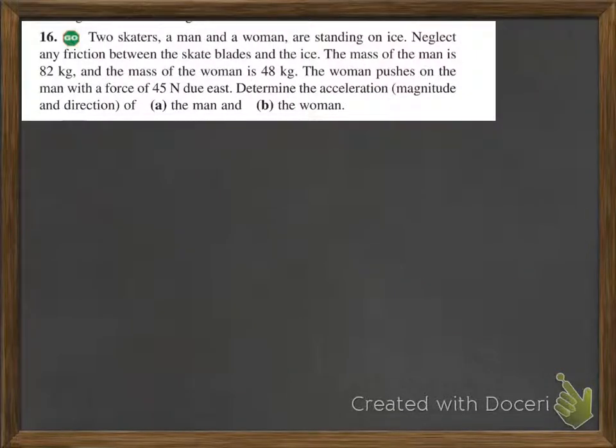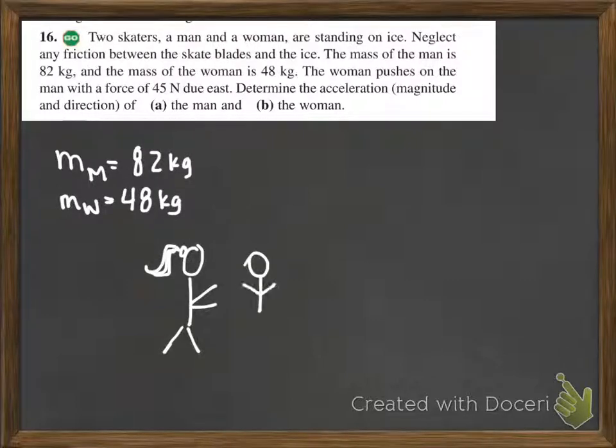Okay, now we have two skaters, a man and a woman, standing on ice. Neglect any friction. The mass of the man is 82 kilograms and the mass of the woman is 48 kilograms. The woman pushes on the man with a force of 45 newtons due east. Determine the acceleration of the man and the woman. They give us the mass of the man and the mass of the woman. And we know that the woman is pushing with a force of 45 newtons due east, so to the right.